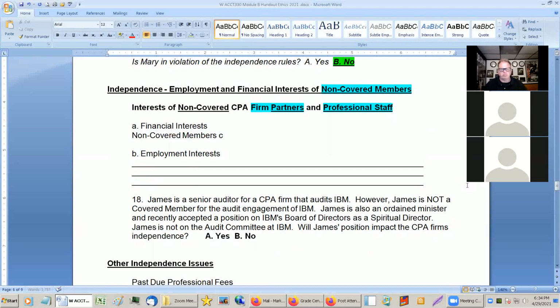Non-covered members cannot hold more than 5% ownership of the client.